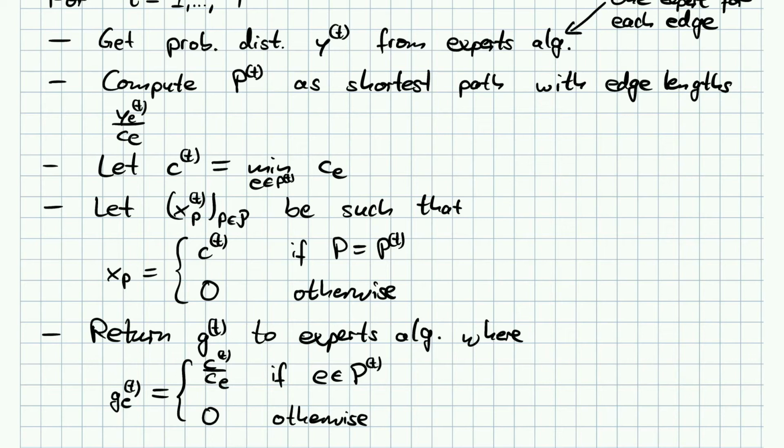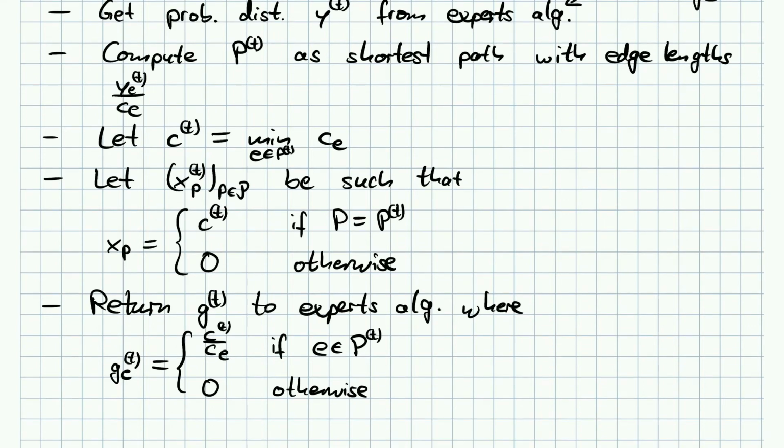Now, how do we get to our final flow? Well, what we'll do eventually after our capital T iterations is we'll compute x bar, which is the sum of all these xt's. This here, this is xt, the flow increase that we're choosing in step T. X bar, this is the overall flow. Well, maybe this x bar will actually not be feasible, but as it turns out, we can make this feasible.